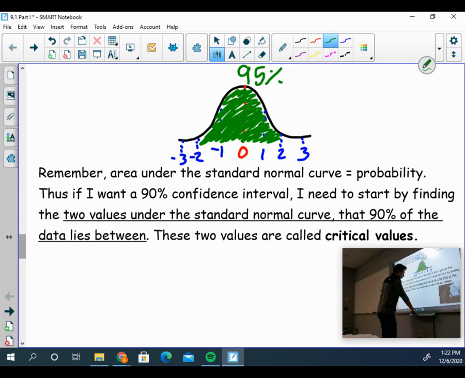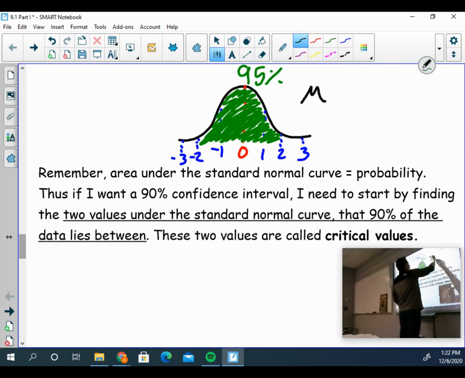Again, that's because it has a mean of 0 and a standard deviation of 1.